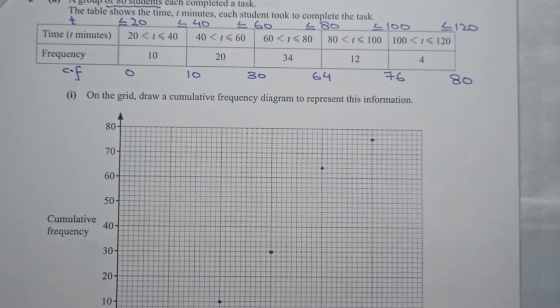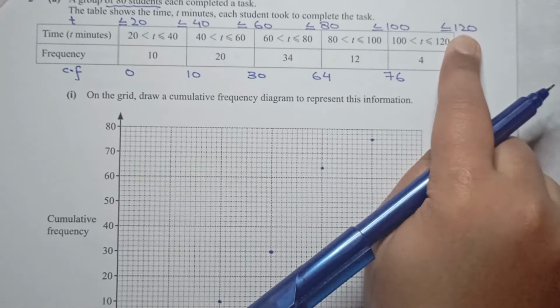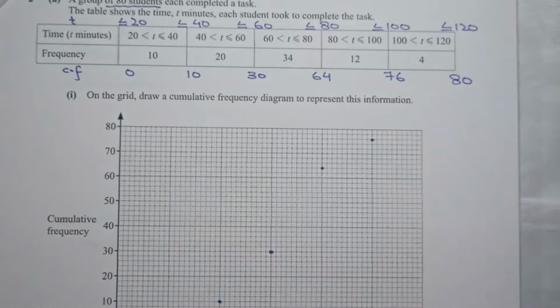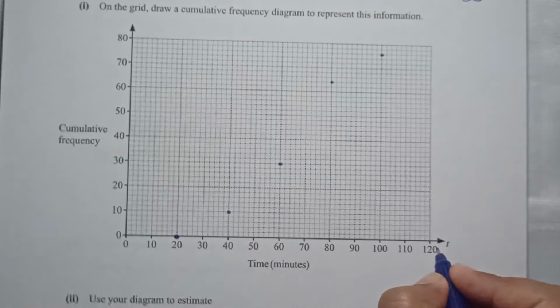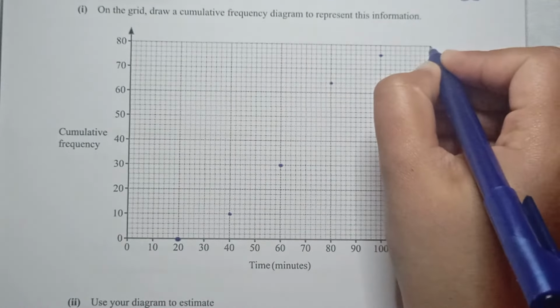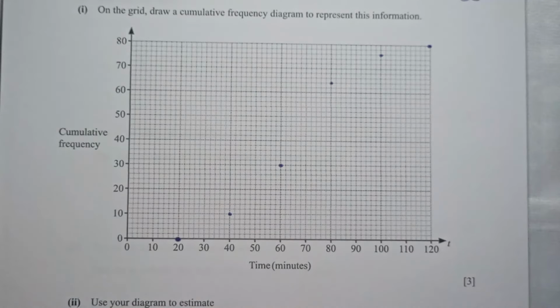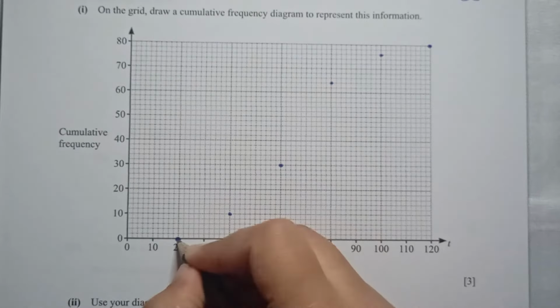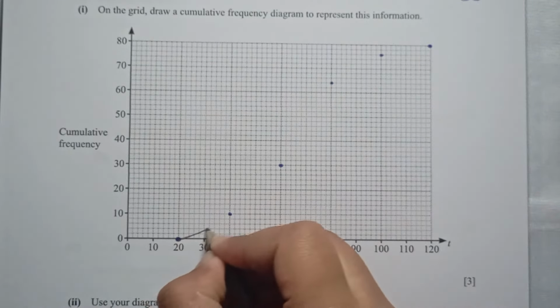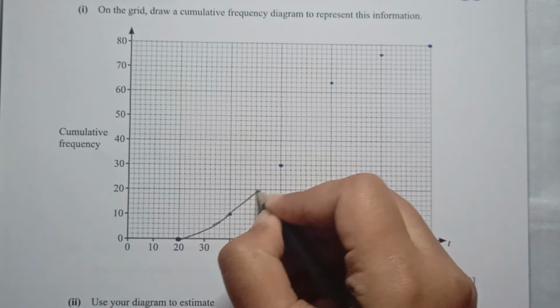And for the last point, when the time is 120 minutes, the cumulative frequency is 80. So for 120 minutes, the cumulative frequency is 80, this point. Okay. Now let me connect all of the points to get a smooth curve. This would be the cumulative frequency diagram.